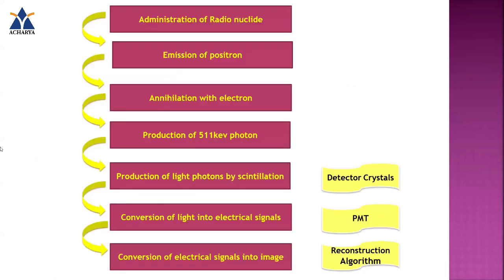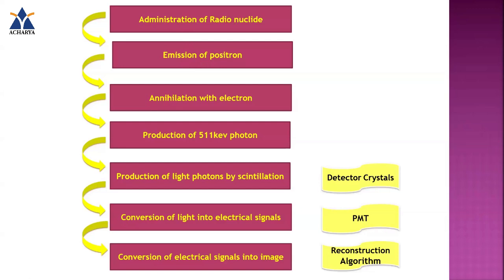I'm giving it in a flowchart manner. In the first step, we are administering the radionuclide into the body. Then the radionuclide is absorbed by the particular region of interest, going there and depositing. The radionuclide emits the positron.